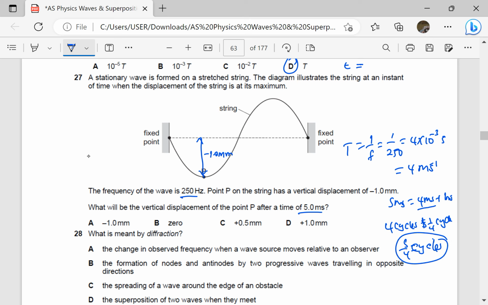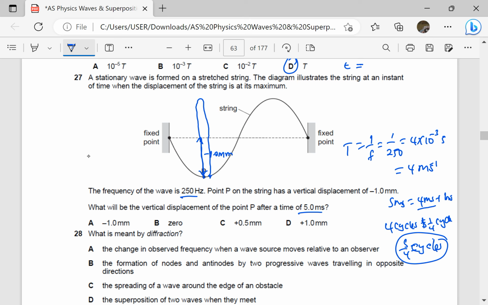So let's just find the distance traveled in one cycle. Point P on the string has a vertical displacement of negative 1.0 millimeters. So let's say P starts from here, it goes up 1.0, it comes back 1.0 to point P again, its initial position.